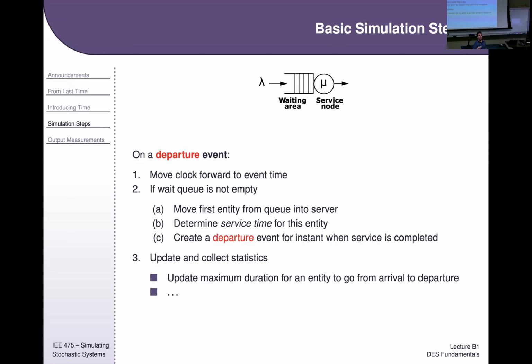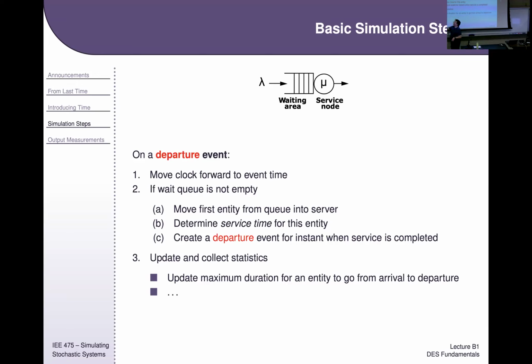It means we can schedule their departures. So from this departure event, entity one has departed. We can now schedule entity two's future departure because entity two is immediately ready to move into that server. So we schedule that, we create a departure event in the future, and then we update statistics, and that's all we do.